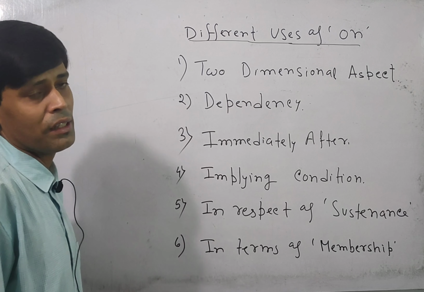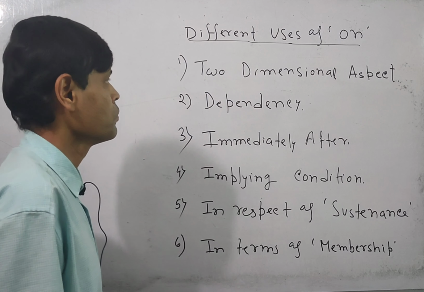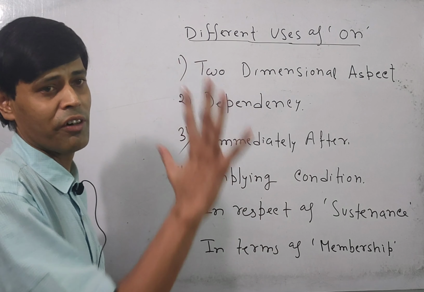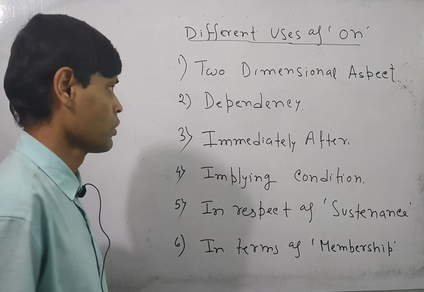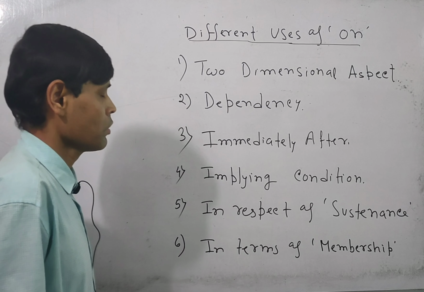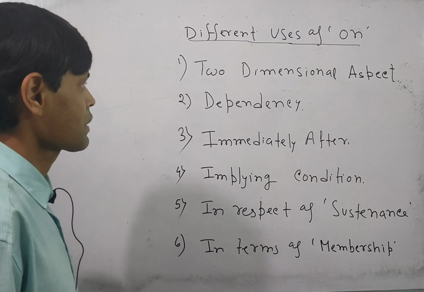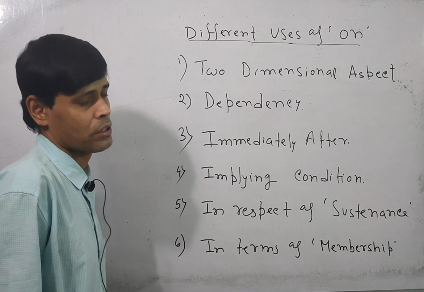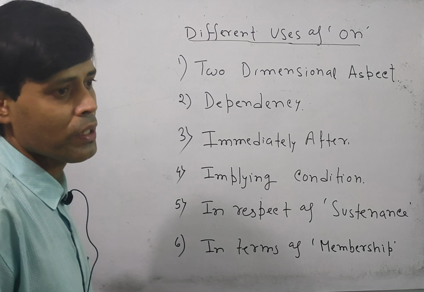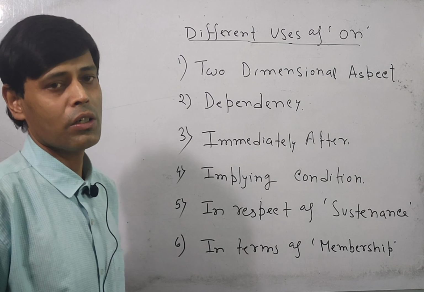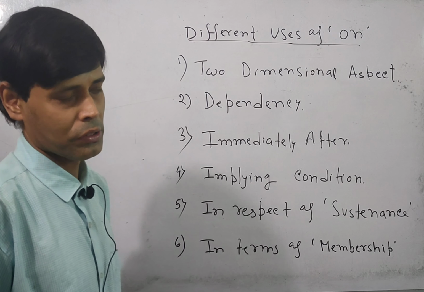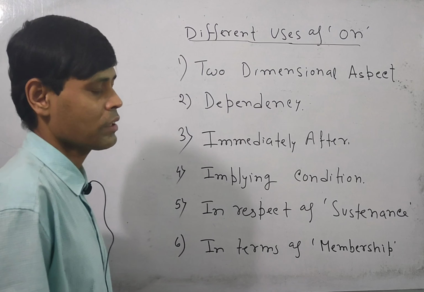Now today in this class I would like to discuss 6 different uses of the preposition on. In the first section I will discuss two-dimensional aspects. You should be careful of one thing: on is also called the two-dimensional preposition. Now what are the 3 dimensions?